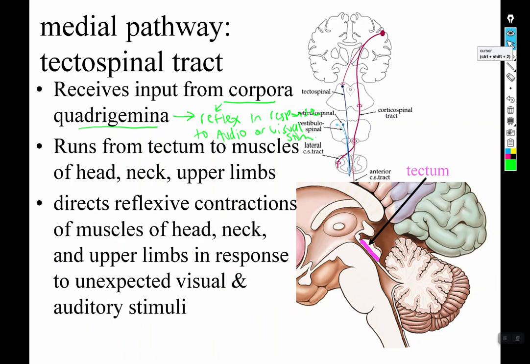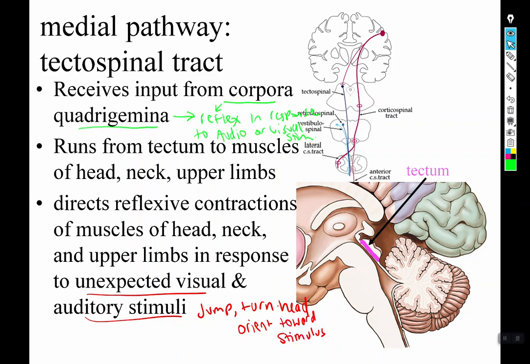So jump, turn head, orient toward stimulus. So it starts in the corpora quadrigemina, but the outcome is coordinated by the tectum and the tectospinal pathway.